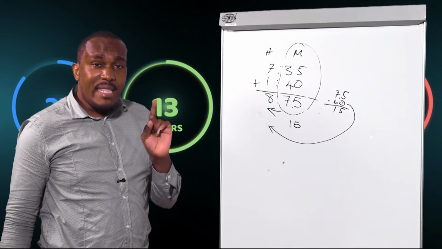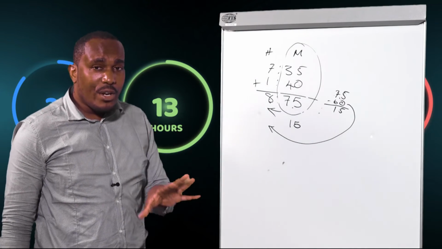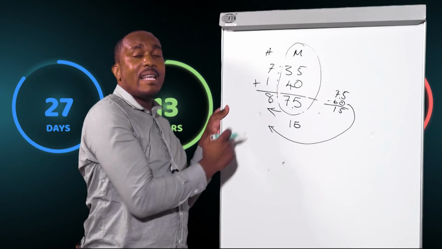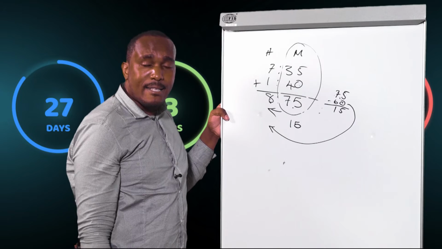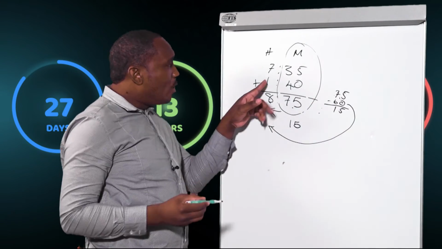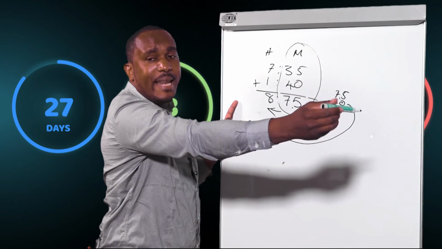Now, another secret. I like exposing the secrets for mathematics. When a number is here, it is hours. When the number crosses to the minutes, it will be 60.